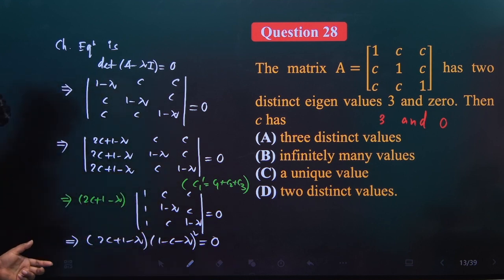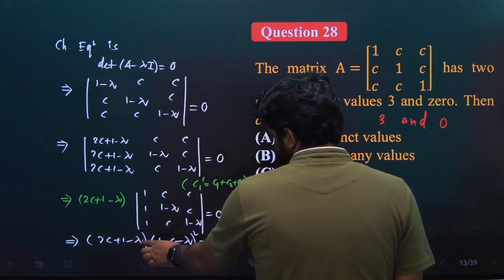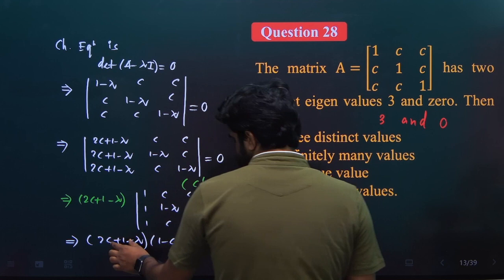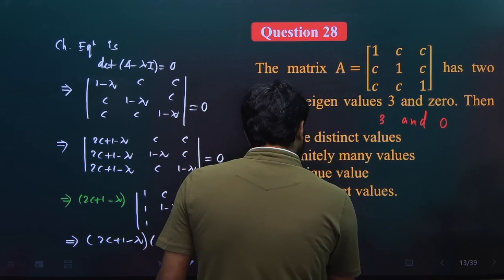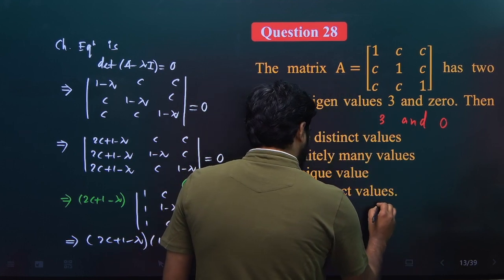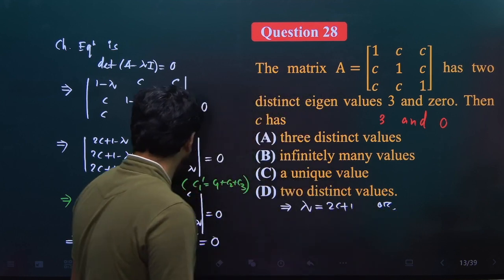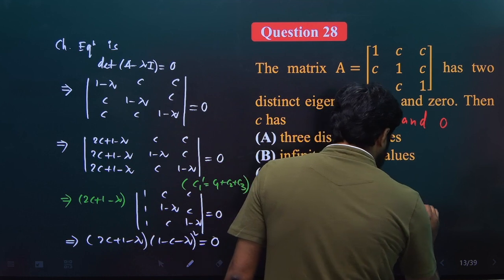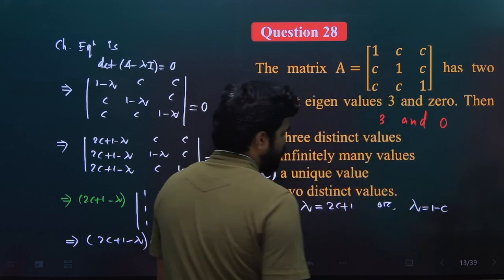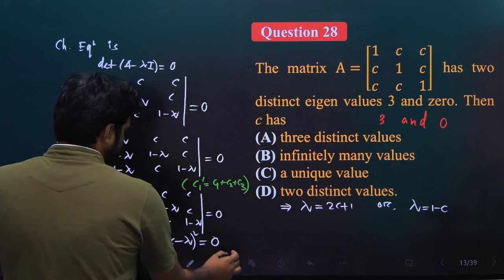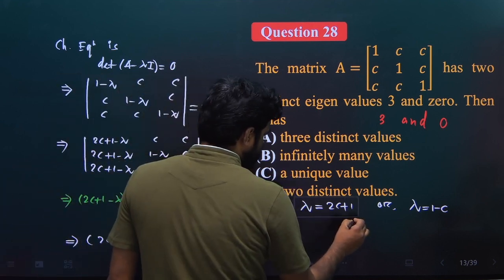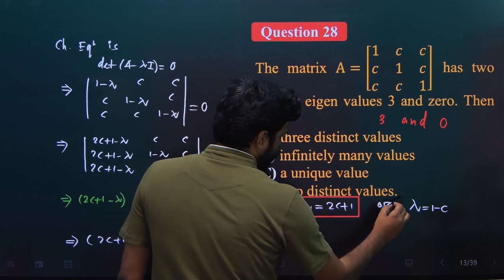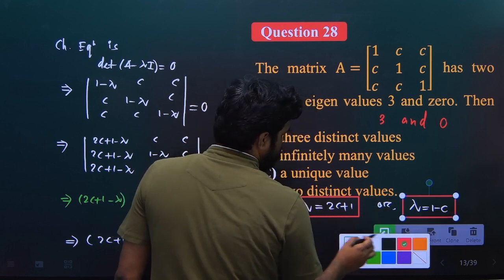From this, you get lambda is equal to 2c plus 1, or from the second factor lambda is equal to 1 minus c.